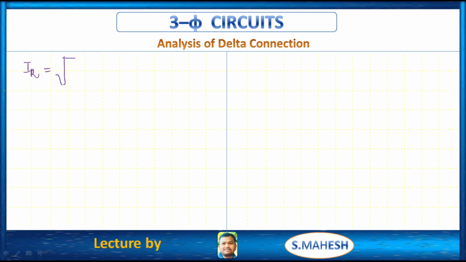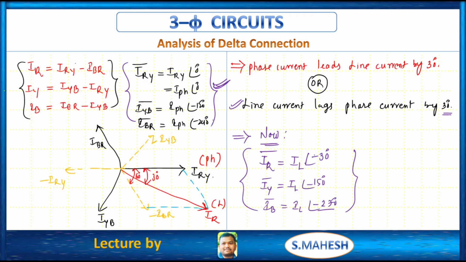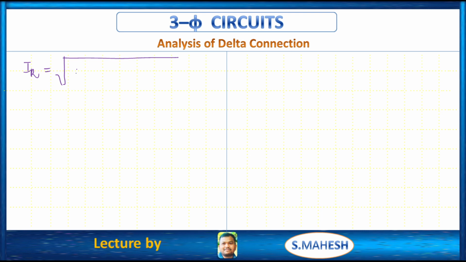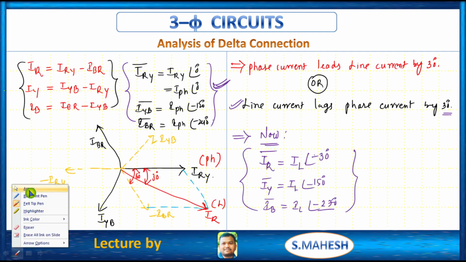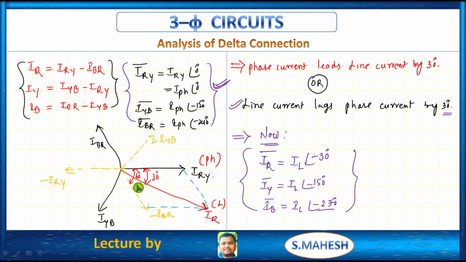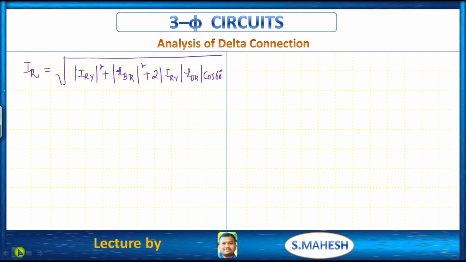We can apply, that is positive IRY and negative IBR, that is IR squared equals IRY whole square plus IBR whole square plus 2 into mod IRY into mod IBR cos 60, right? Always the angle between these two is cos 60. So by using parallelogram law we can get that relation.